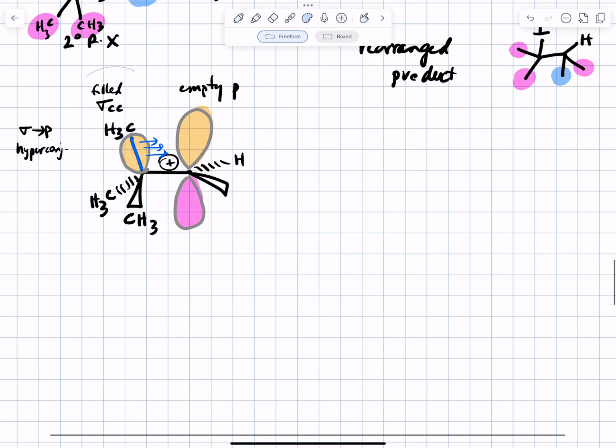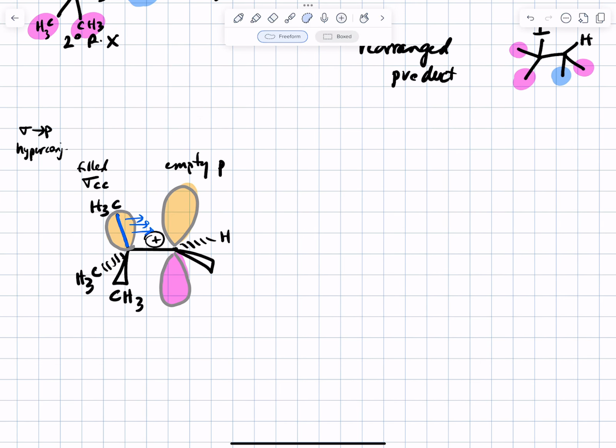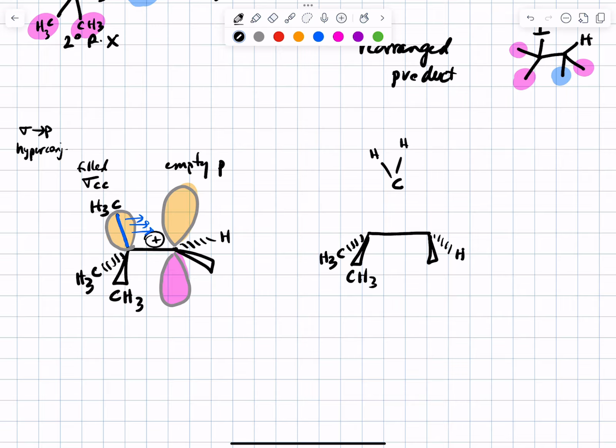Perhaps at some stage, as the methyl group moved, we might go through what I will call a transition state that looks like this. Where the methyl group is actually sort of evenly shared between the two carbons. You could call this a transition state.